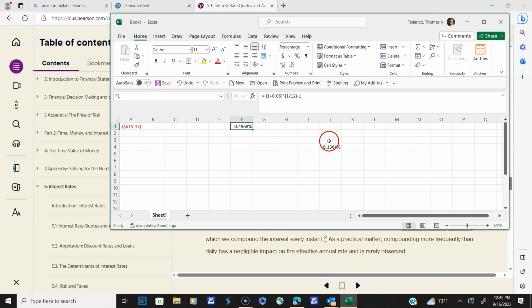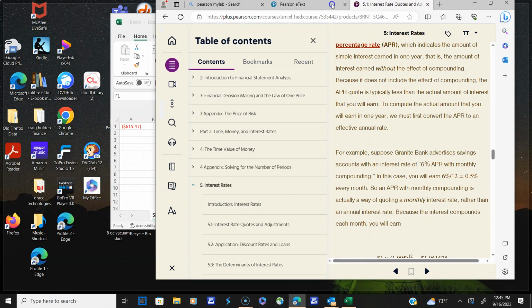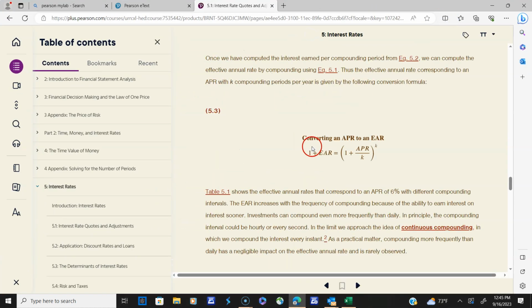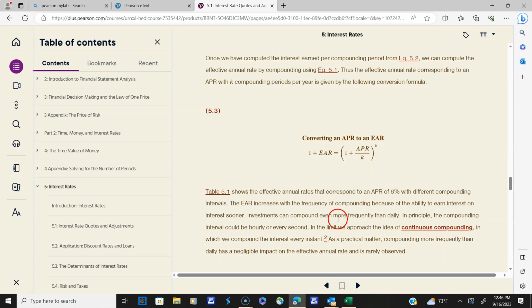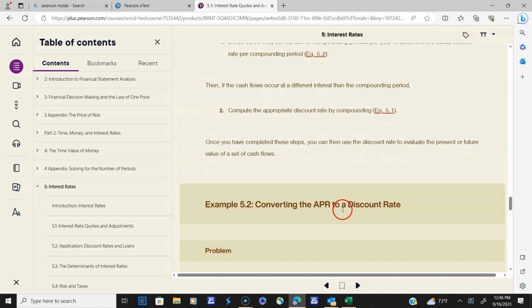So again, this is 5.2 and 5.3 combined, and this is equation 5.1, which I'm showing you right here. So I hope I'm clear, and your book does that. Okay. So don't worry about 5.2 and 5.3 as long as you know how to use this function in Microsoft Excel. So here's 5.3. So remember, 5.2 is right here. Take this division, put that here, and then all you got to do is use that equation built into Excel. All right. And I think they show you that right here. I think they may.